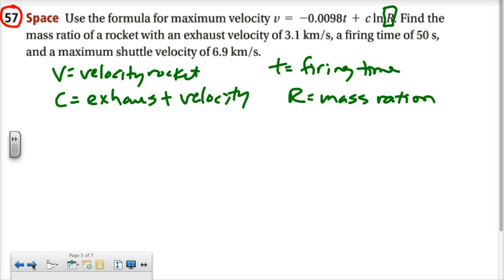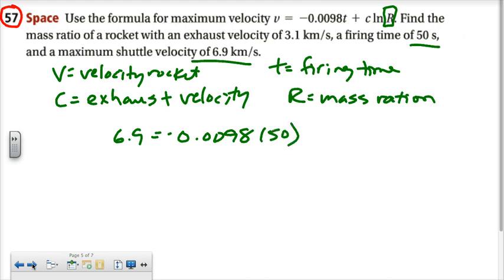It says it has a velocity of 6.9, so that's going to go in for v. And then we had a t value up here, firing time of 50. And we have an exhaust velocity of 3.1. And we want to get r, that mass ratio.